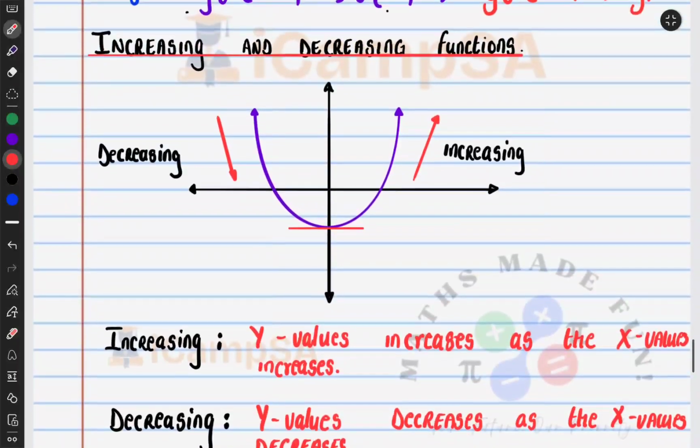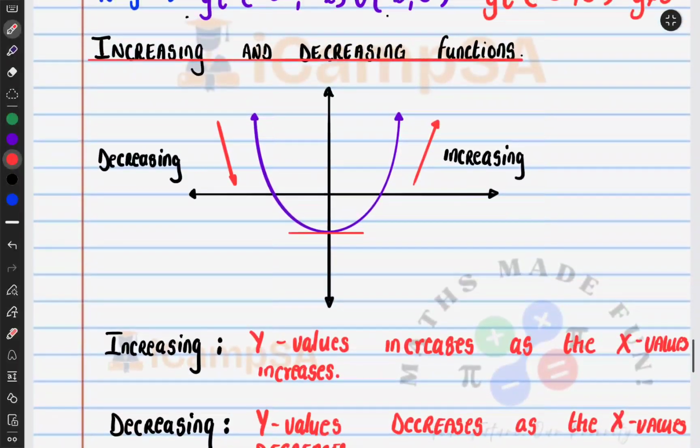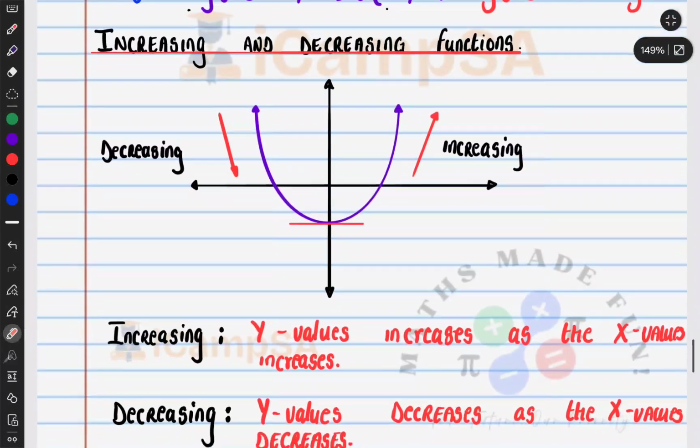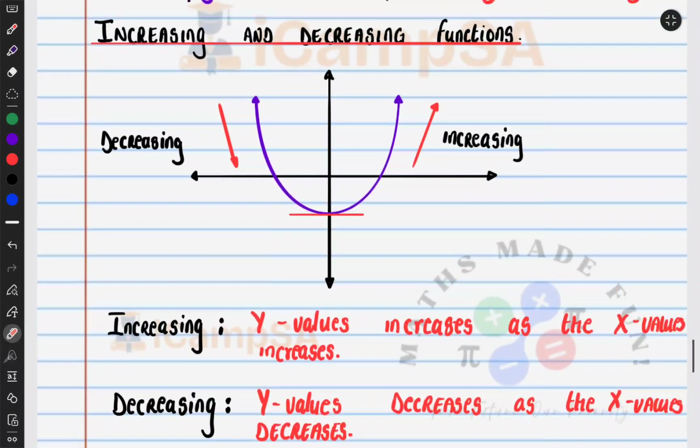So that is how we deal with the domain and the range. Okay, so next, another characteristic that I want us to cover is increasing and decreasing functions. What do we mean when we say functions are increasing and decreasing? As you can see here, it is represented with those arrows, but in simple terms, remember that when we are moving from left to right, the values of x are increasing.